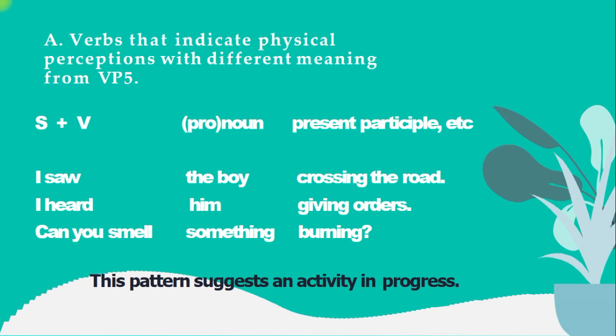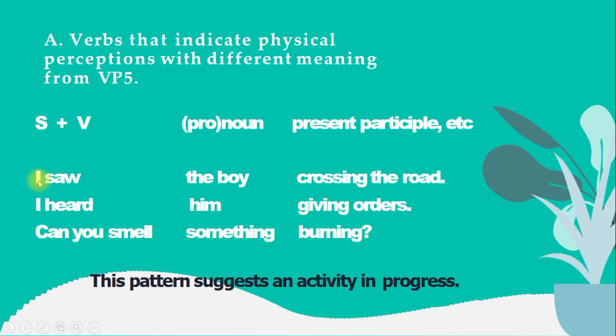The first group is about the verbs that indicate physical perceptions with different meaning from verb pattern 5. In this pattern, we have subject plus verb followed by a noun or pronoun, and then followed by a present participle form or the ing form.